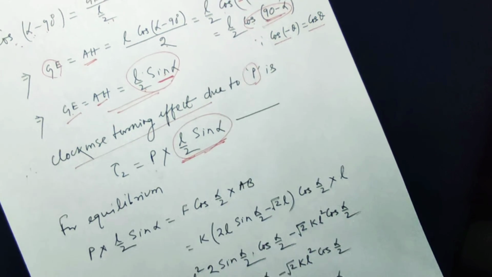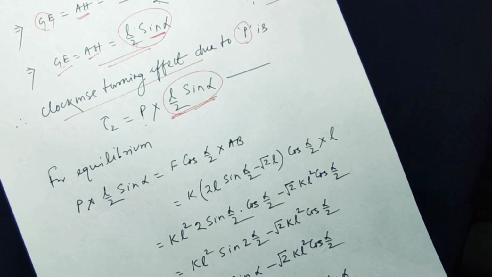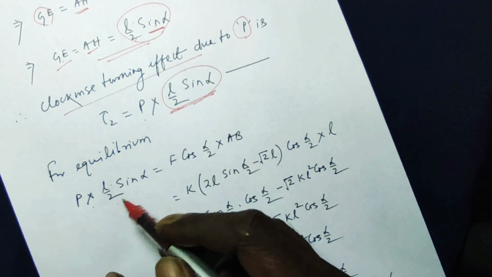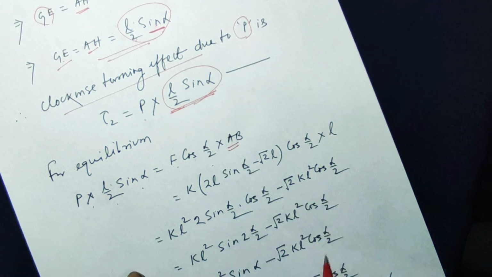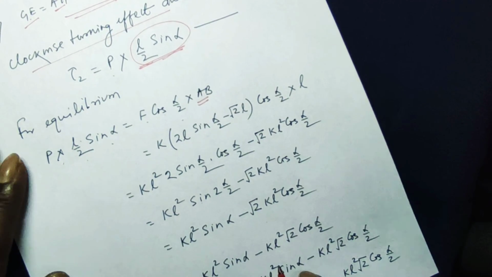Now for equilibrium, both have to be equal. So P times L by 2 sin alpha must be F times cos alpha by 2 times AB. And now it is simple.